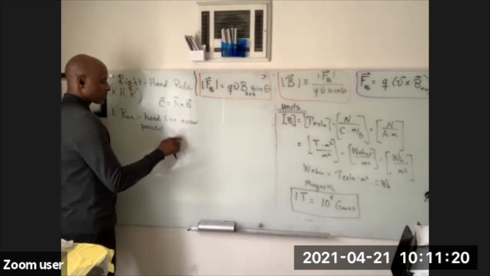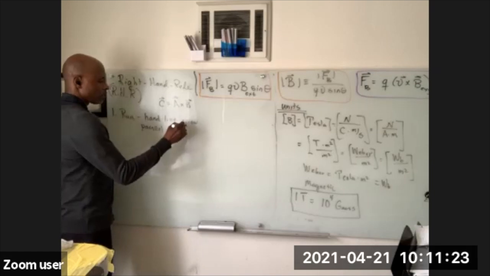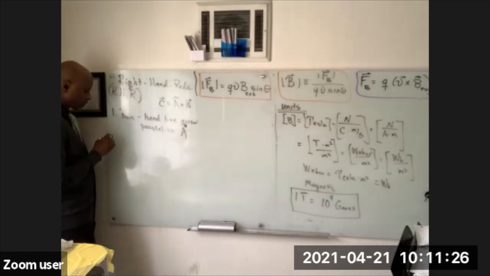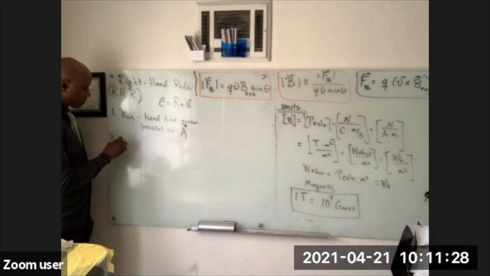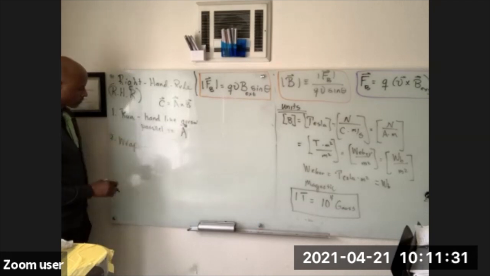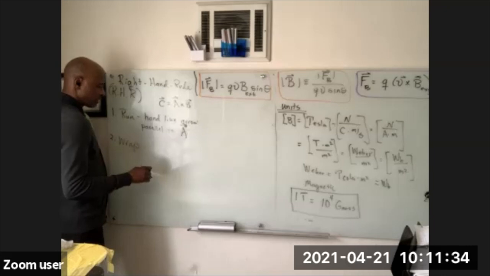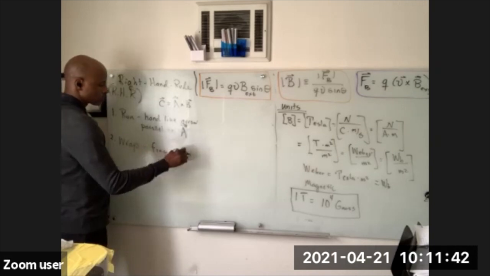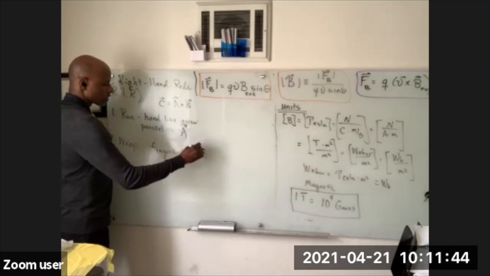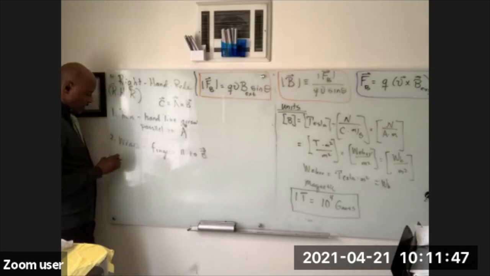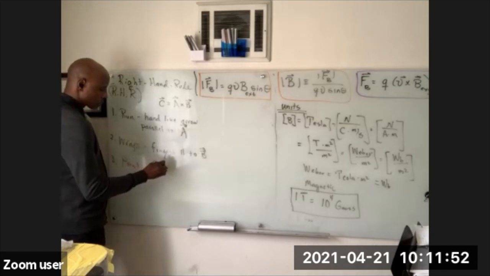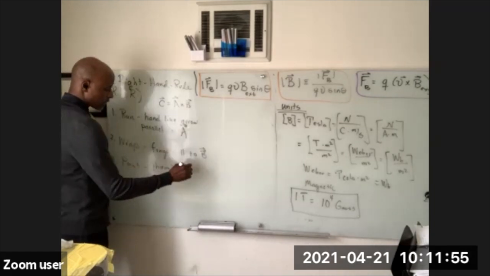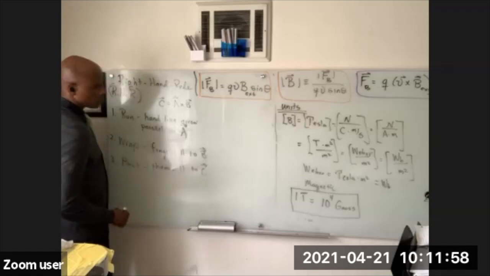So run parallel to A, then wrap, that is, wrap your fingers parallel to B. Then your thumb will point in the direction of C. Point thumb parallel to C.